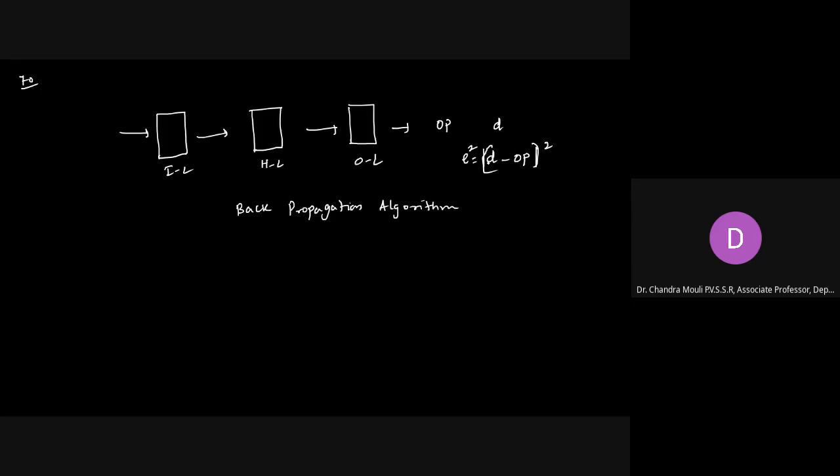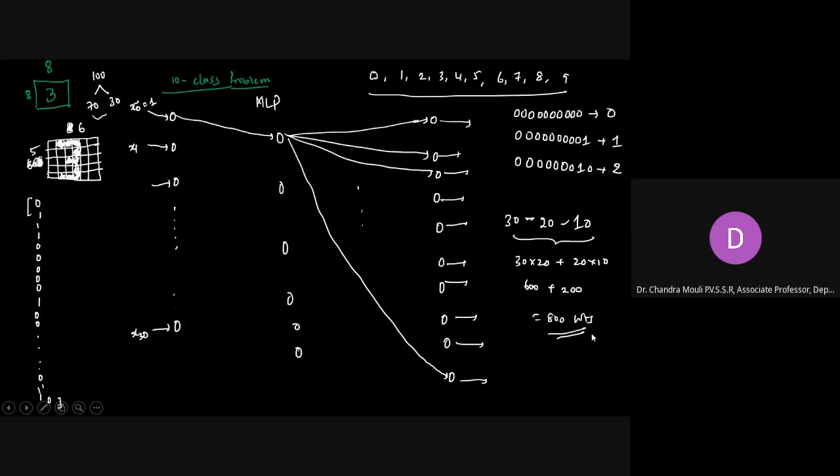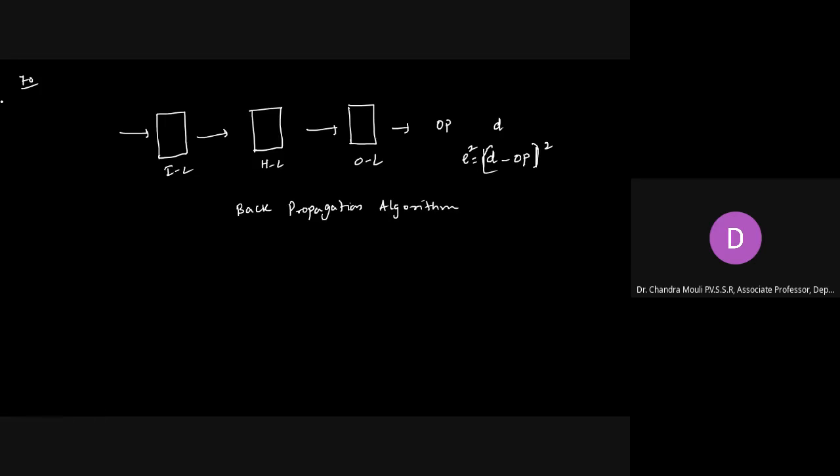Like this, you run through all 70 inputs, which means these 800 weights get adjusted 70 times. But once you have given the 70th input, you are not sure that those weights will be able to recognize all the 10 classes properly.